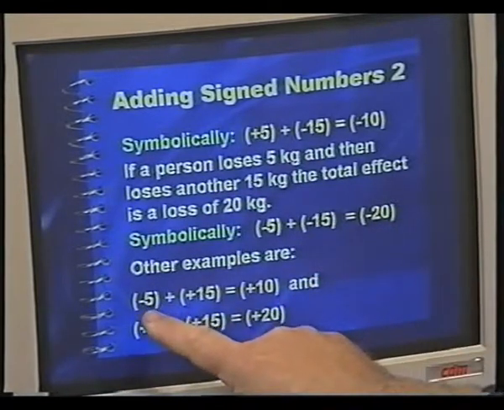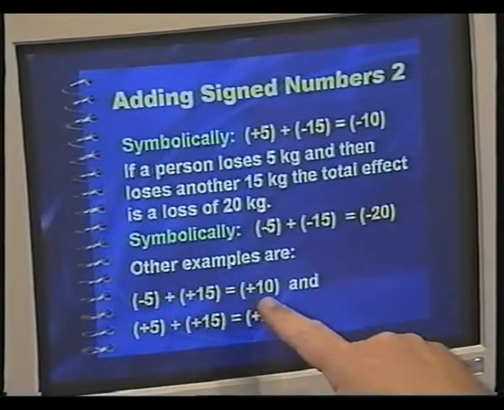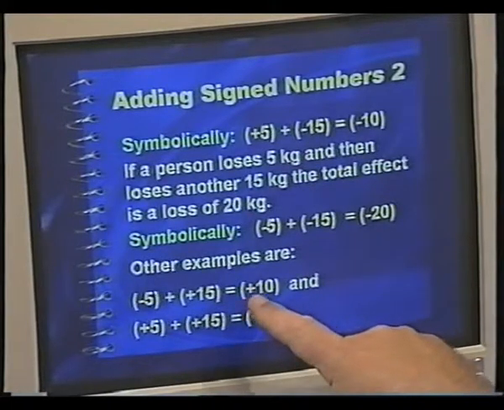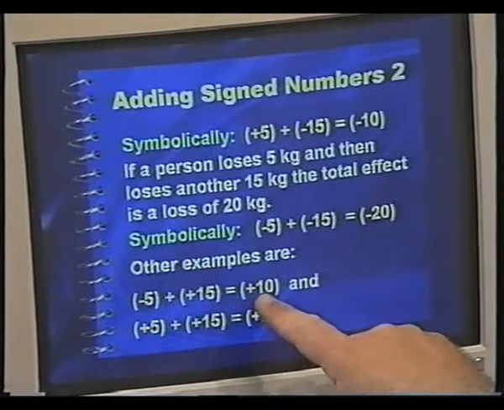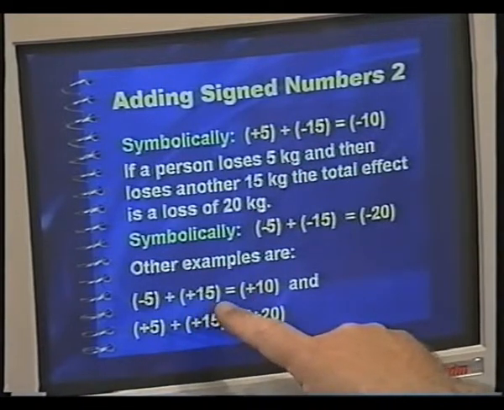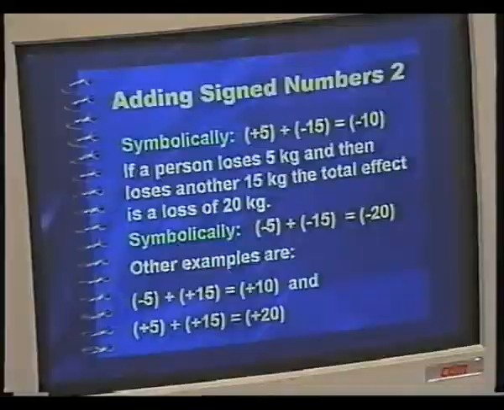However, if one is negative and the other is positive, then to get the result you subtract the numbers from each other and put the sign of the largest one. And that indeed is the rule for addition of signed numbers.